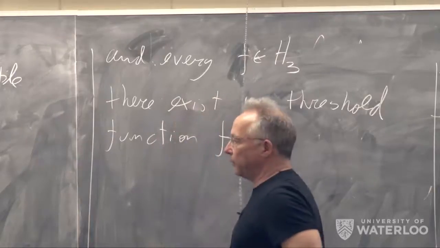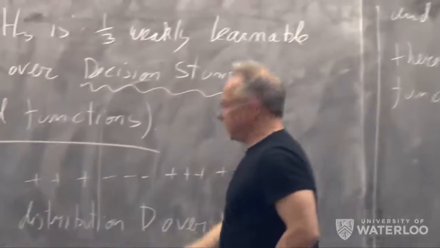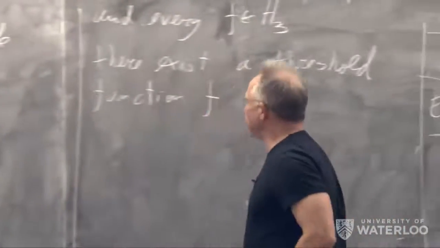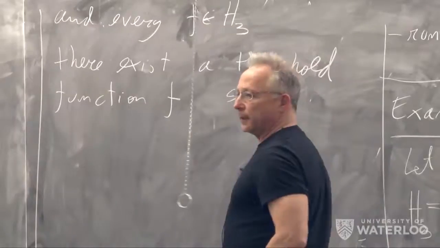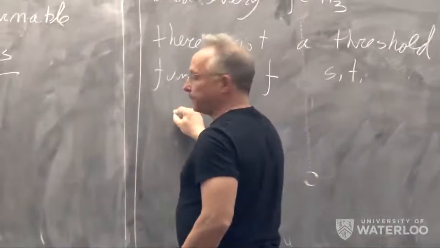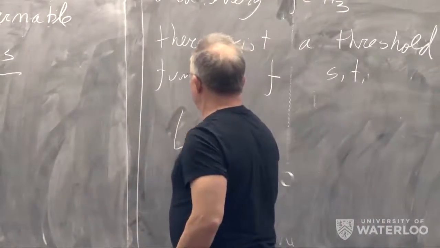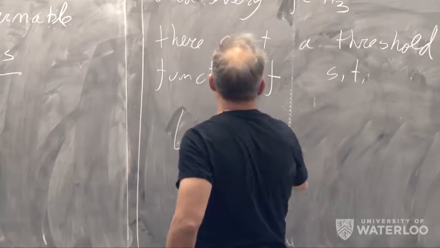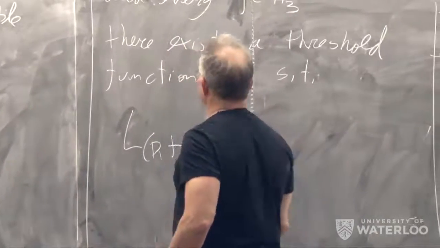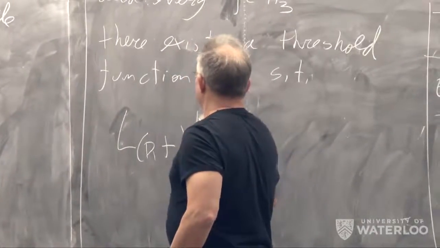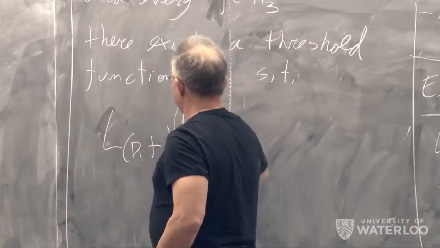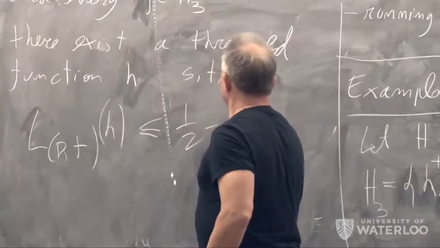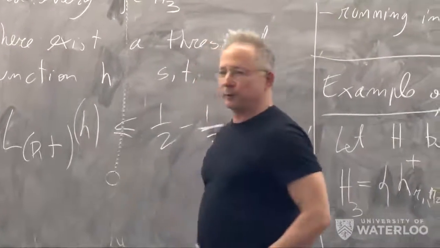So it is just a decision: I pass a line, it's going to be plus on one side, minus on the other side. Just a threshold function such that the error with respect to D and F, the threshold function should get a different name, H, is at most half minus a third, which is 1 over 6.